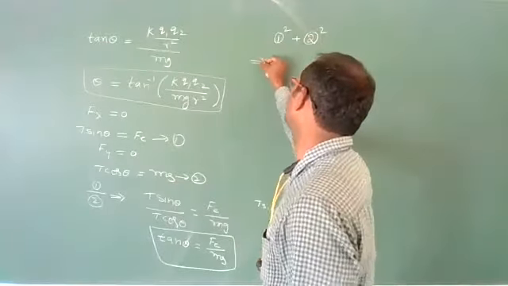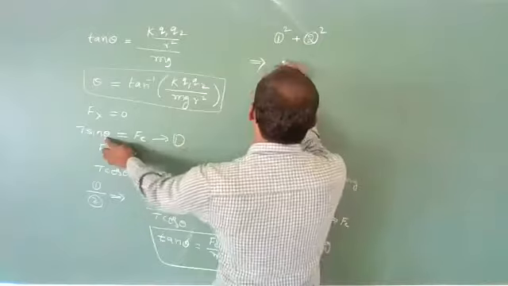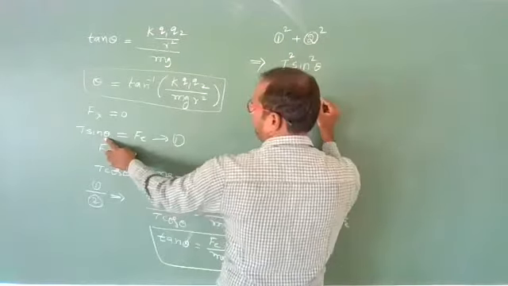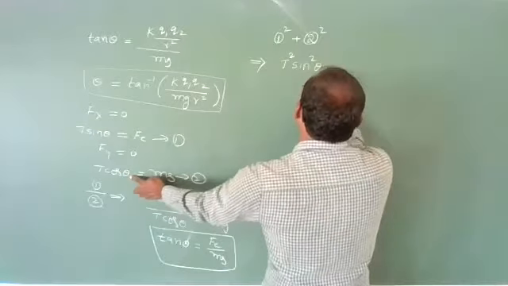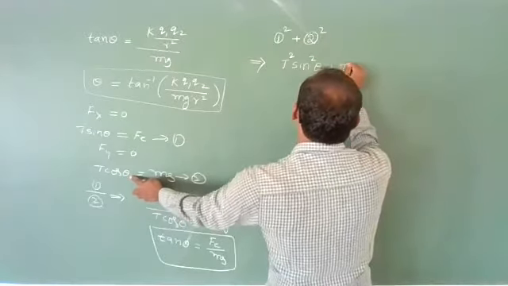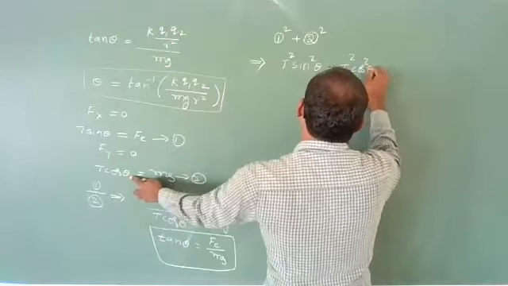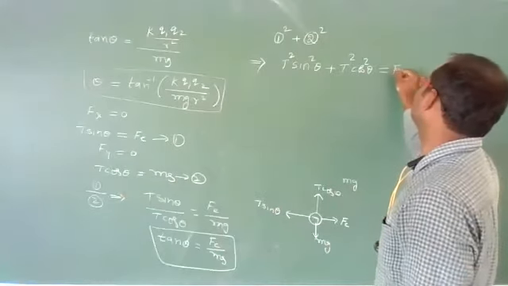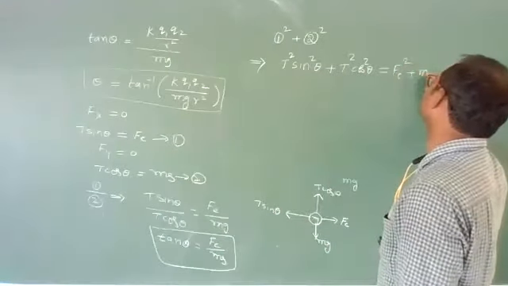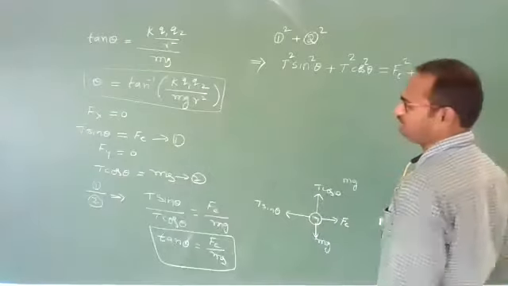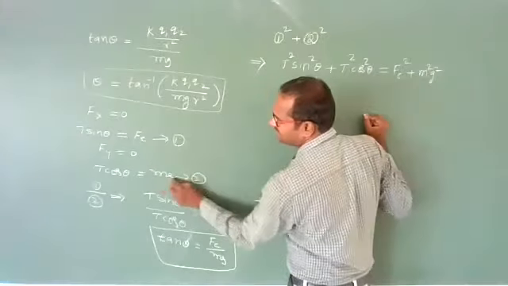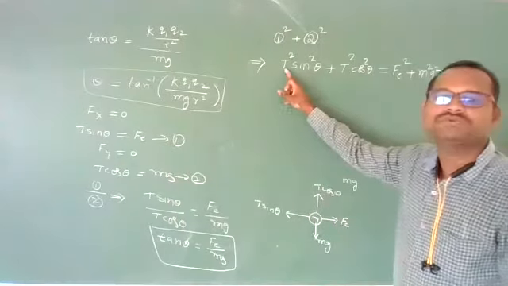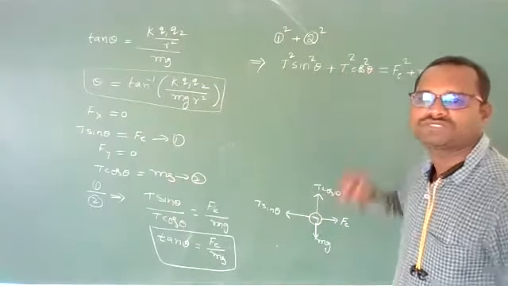Equation 1 is T sin theta. Square it: T square sin square theta. Equation 2 squared, add T square cos square theta. Left-hand side added, right-hand side we should also add, that is Fe square plus m square g square, or Fe square plus mg whole square. Now we have T square sin square theta plus T square cos square theta.